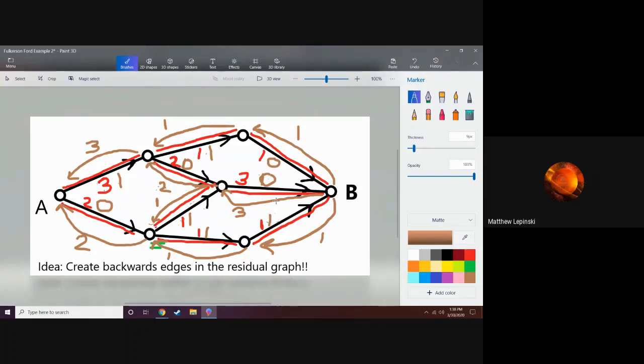The answer is that every iteration of the algorithm ends up with more flow going from A to B. You start with 2 flow from A to B, and after one augmenting path you end up with strictly more flow.